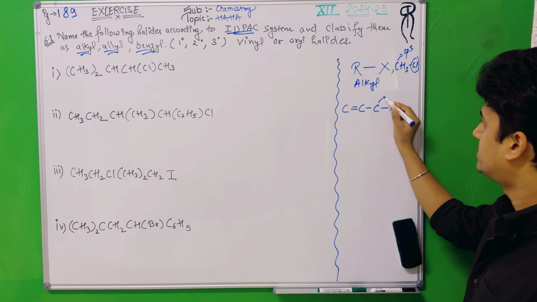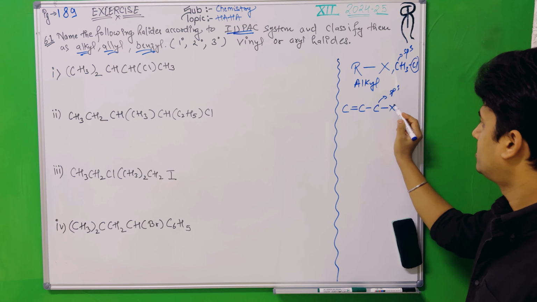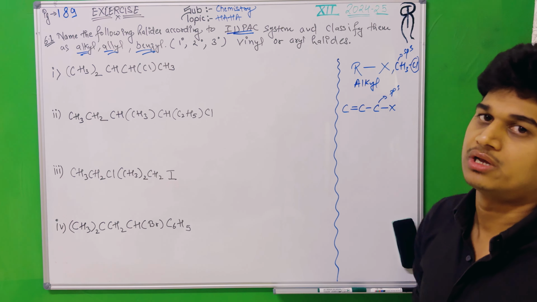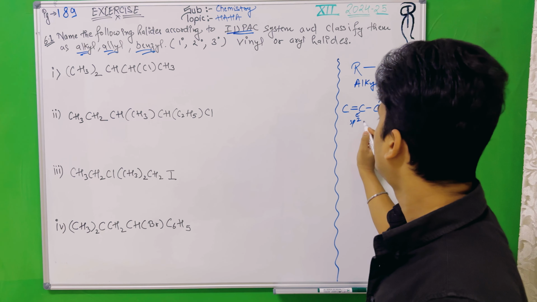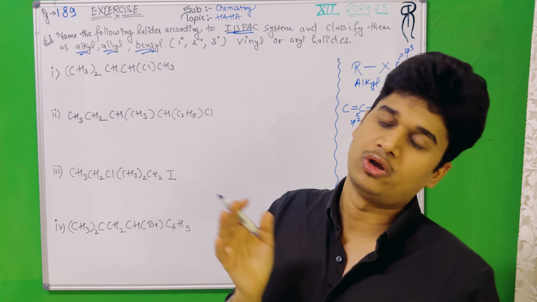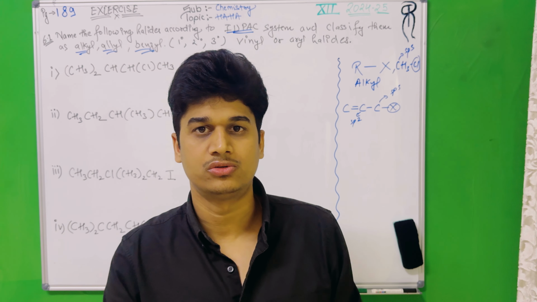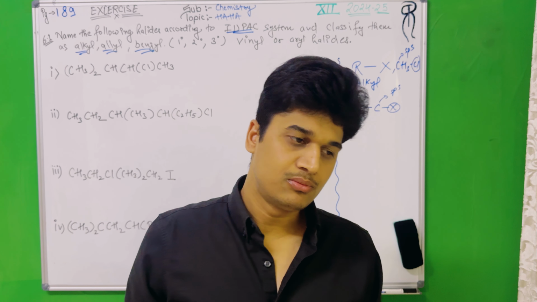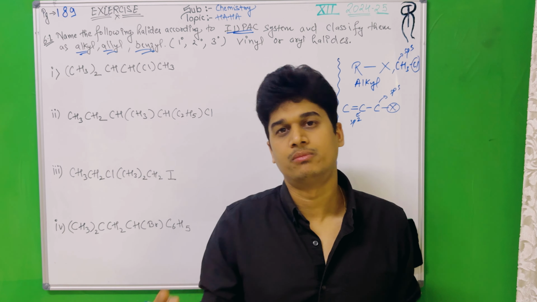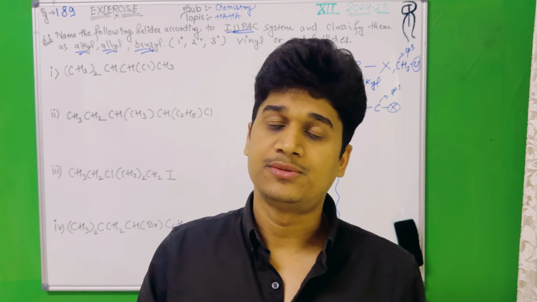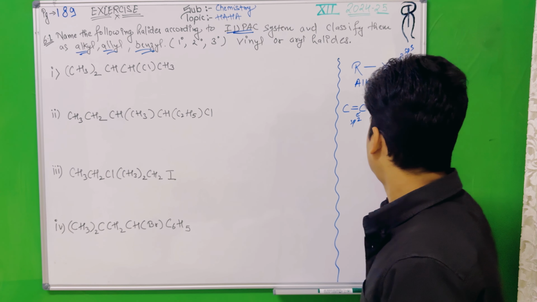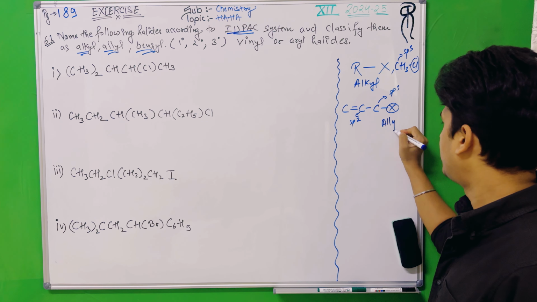Here this carbon is sp3, but the carbon which is attached to it is sp2. How do we know whether a carbon is sp3 or sp2? We have already done this in the lecture videos. If the carbon has all single bonds, we call it sp3. If it has a double bond, we call it sp2. And if it has a triple bond, we call it sp carbon. So this is known as the allyl group.